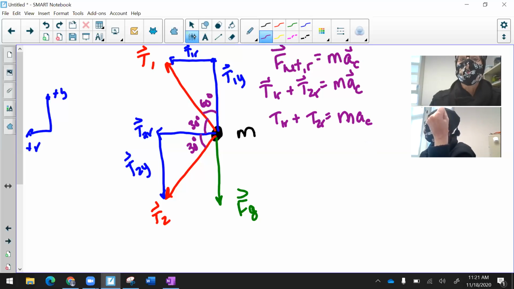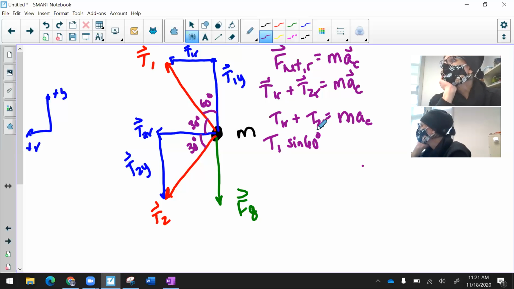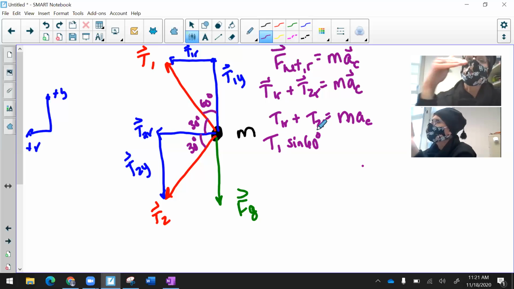Okay. So I know what T1 is, and I'm looking for T2. So I probably want to express T1R and T2R in terms of T1 and T2. So what's T1R going to be, excuse me? T1 times what? Yeah, but that's going to mess people up. So let's call it sine 60, which has the same value, but the angle I've labeled is 60.